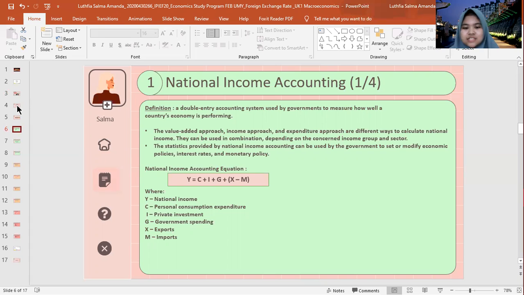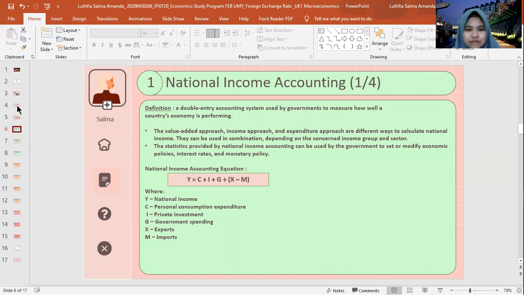The double entry system principle of accounting is used to prepare the national income account. The value approach, income approach, and expenditure approach are different ways to calculate national income, and they can be used in combination depending on the concerned income group and sector.